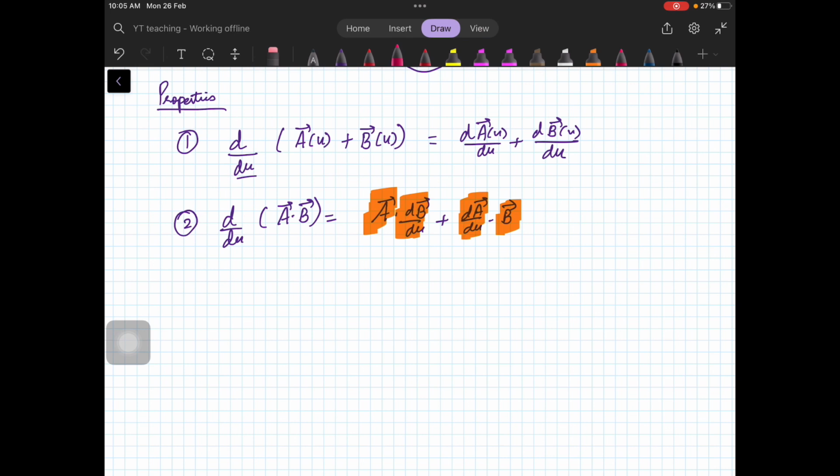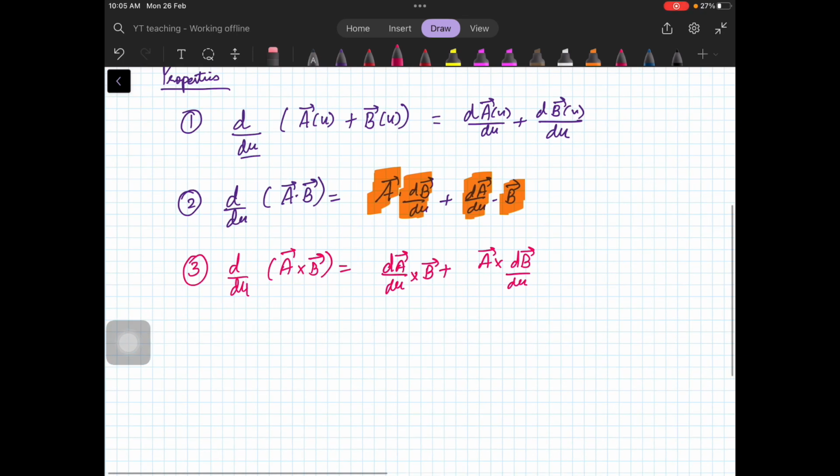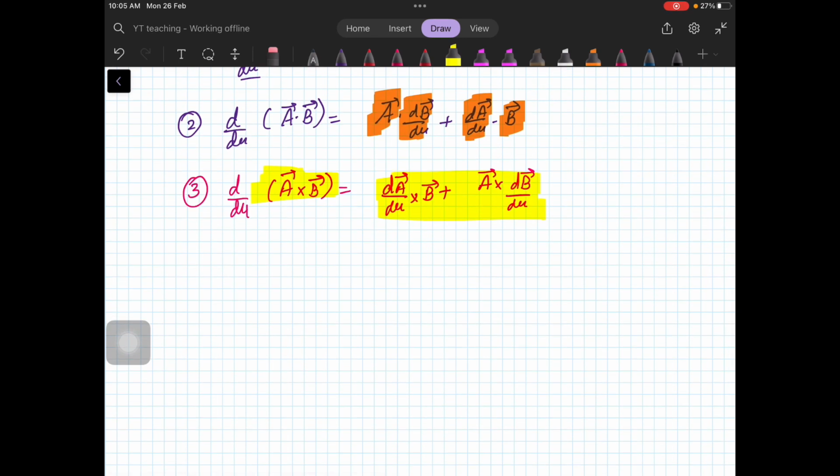And then we have the cross product also. Here a and b are both functions of u. You do it like this: da/du cross b plus a cross db/du. So for the cross product also the property is there, similar to the product rule for simple functions.